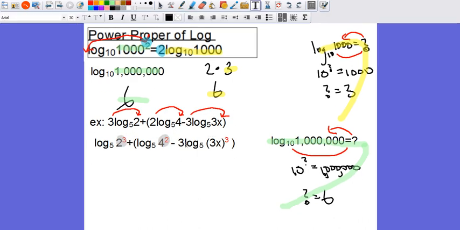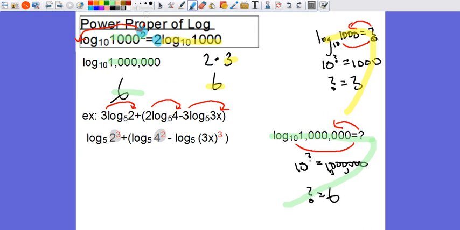Okay, and I forgot to delete this guy here. And I'm going to change this to 27x cubed. The reason that's 27x cubed is because this gets distributed. This becomes 3 to the power of 3, which is 27, and x to the power of 3, which becomes x cubed, so it becomes 27x cubed.